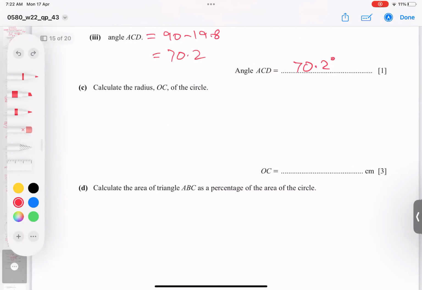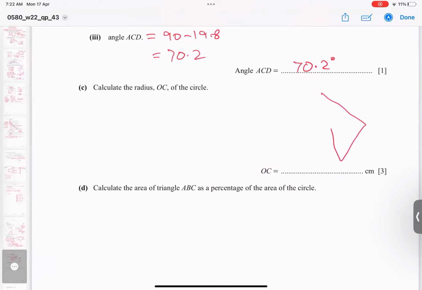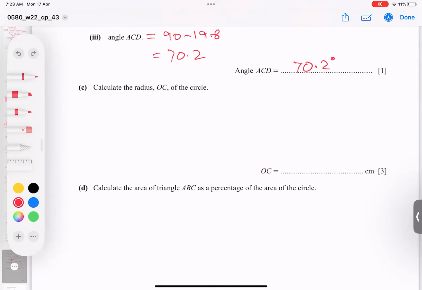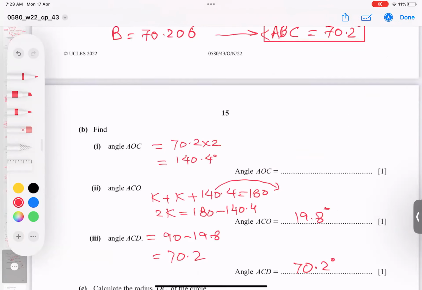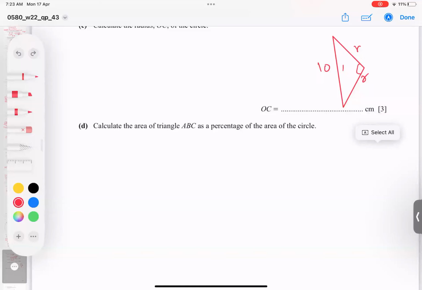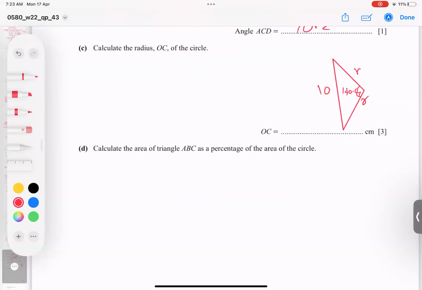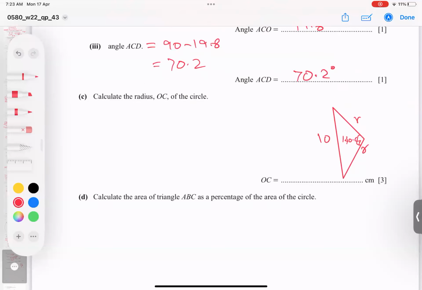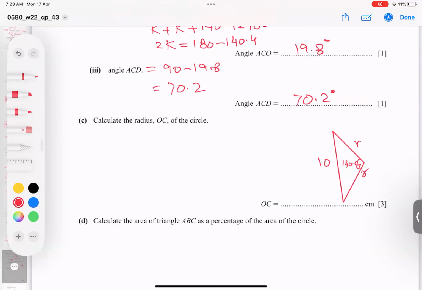First of all, I show you the diagram. Radius 10, and this is 140.4, and in this angle I got 19.8.